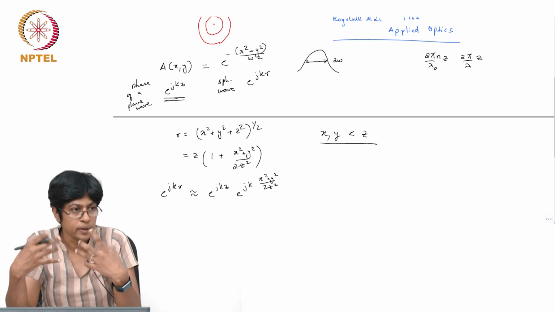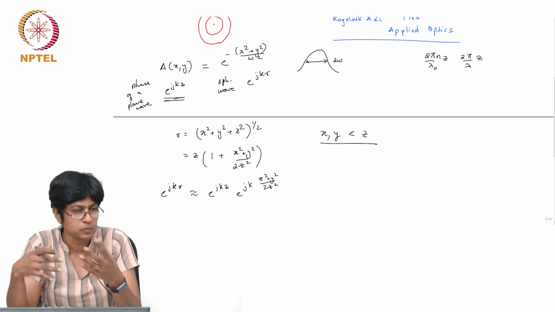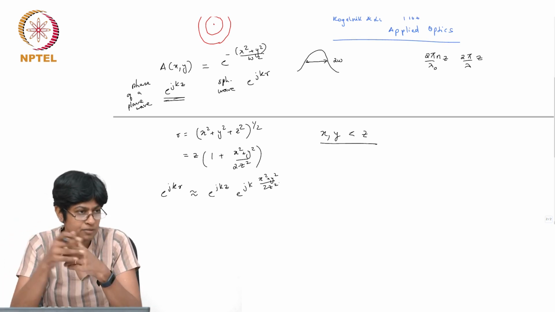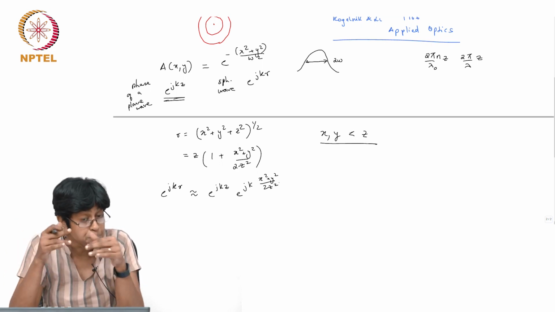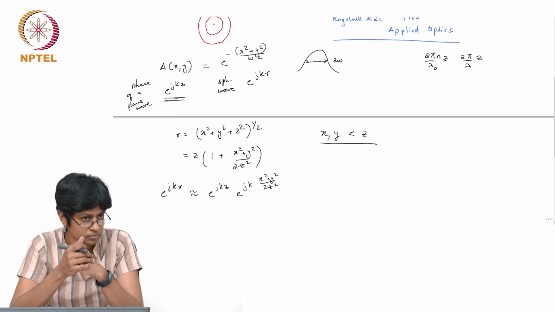We know the way the Gaussian beam propagates, and we're making some intelligent guesses to arrive at what the expression could be, based on what we know about the plane wave and the spherical wave.